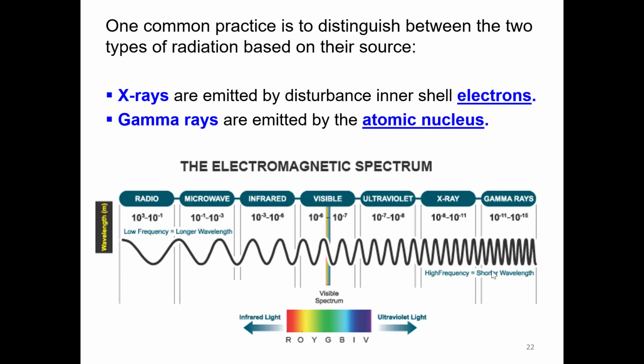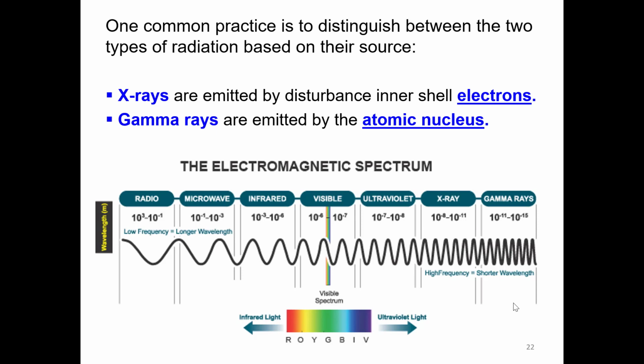In this picture, we had the electromagnetic spectrum, and we can see the X-ray and gamma rays, they overlap in some part of the spectrum. Remember, the X-ray and gamma rays, they are high energy waves, high frequency waves, but very small wavelength. The question is, if they overlap in some part of the electromagnetic spectrum, how can we distinguish between the two types of radiation?